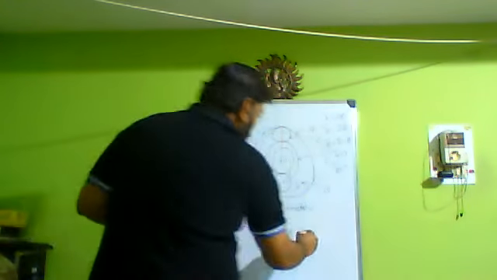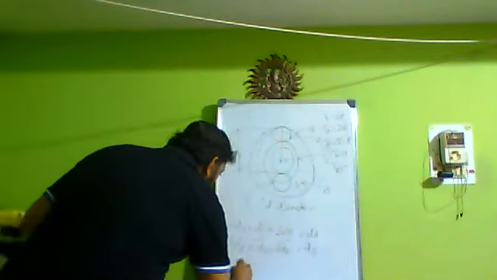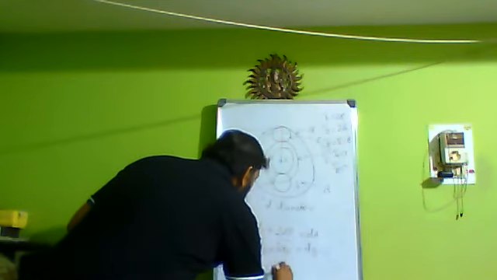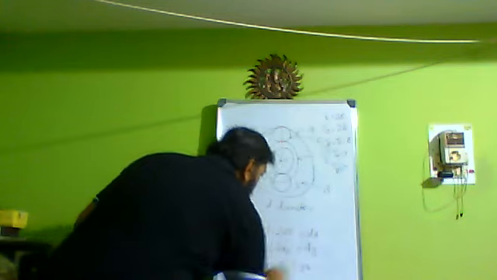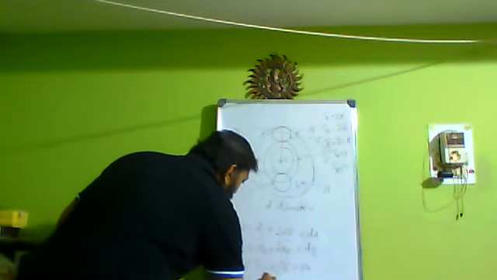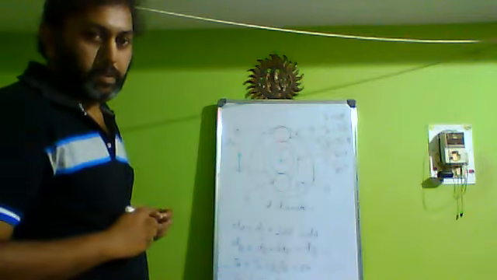Since the number of teeth is directly proportional to the diameter, TA is equal to TC plus 2 TE, which comes out to be 64, and TB is equal to TD plus 2 times TF, which is equal to 62.